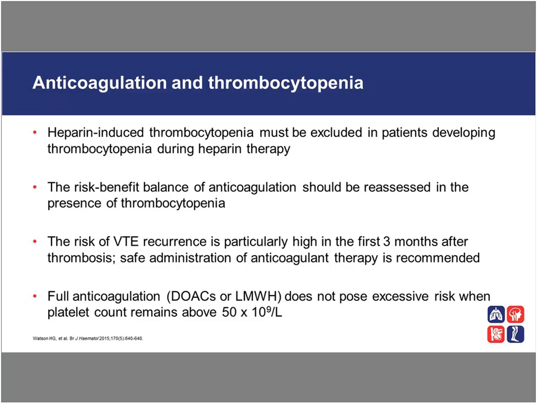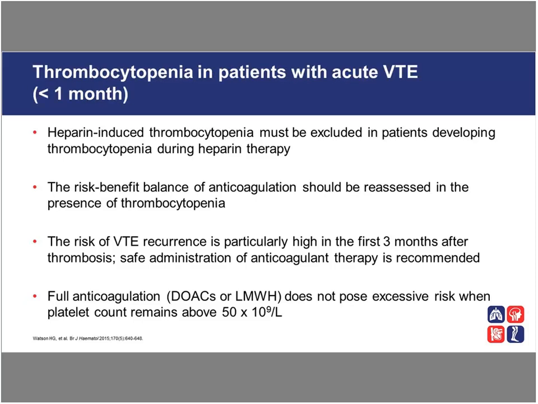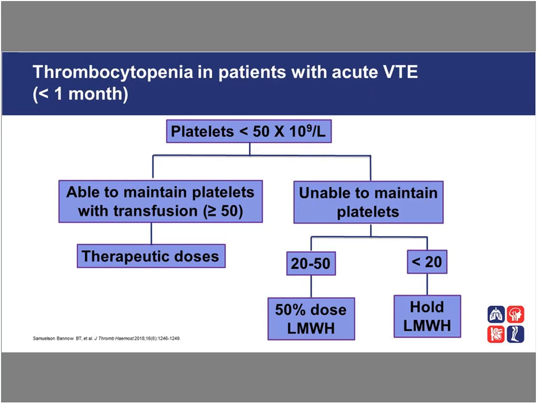So I think what I'll do is quickly show you what needs to be considered, and this is the algorithm that has been proposed by the SSC subcommittee of the ISTH that has looked at thrombocytopenia in patients with acute VTE.